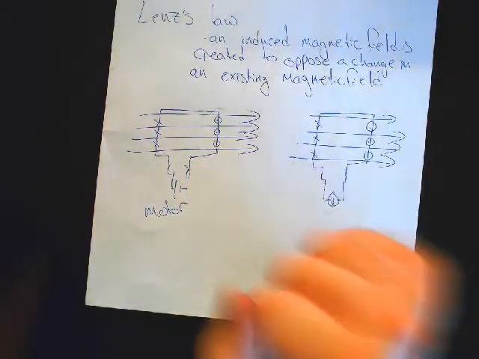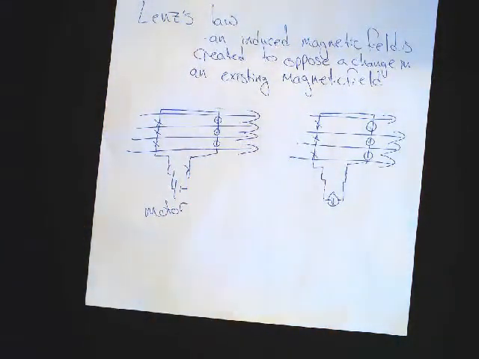Okay, here's the problem. If I push down on this side, the other side comes up, I create current, okay? If it flows this way, then I get current flowing this way, it creates motion like this. I have motion, I create current in this fashion. I have current, I get motion. I have motion, I get current. And I have a runaway feedback loop, which totally violates conservation of energy.